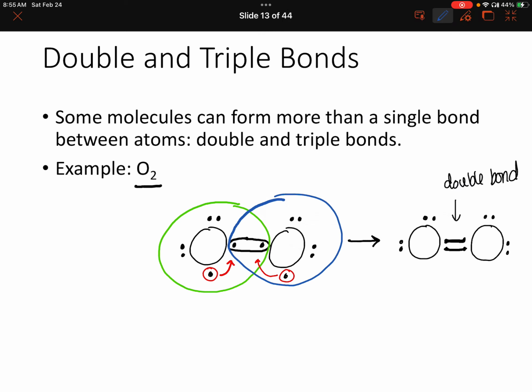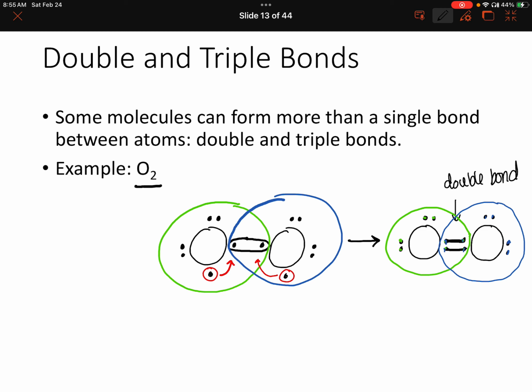So now if we circle the oxygen on the left, there we go. Now we have 1, 2, 3, 4, 5, 6, 7, 8 electrons for that oxygen. And then the oxygen on the right has 8 electrons as well.